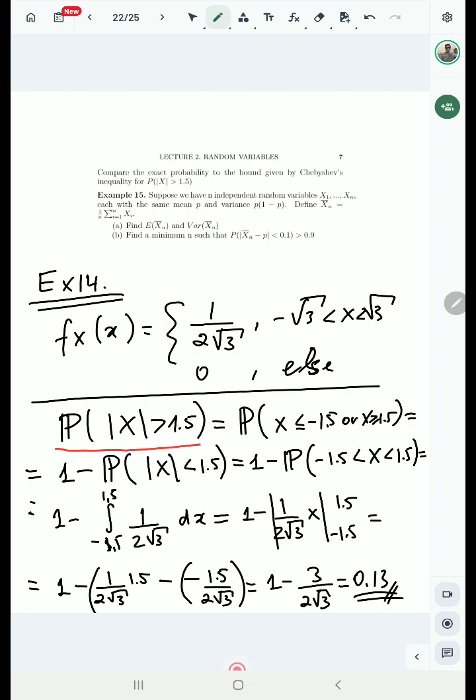In part B, we have to find the minimum n such that this probability is greater than 0.9. Let's think of this.